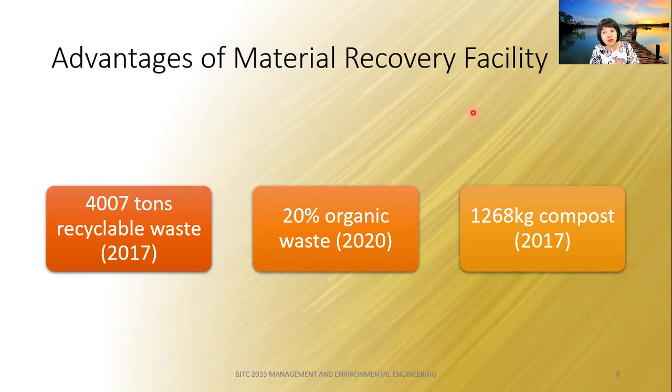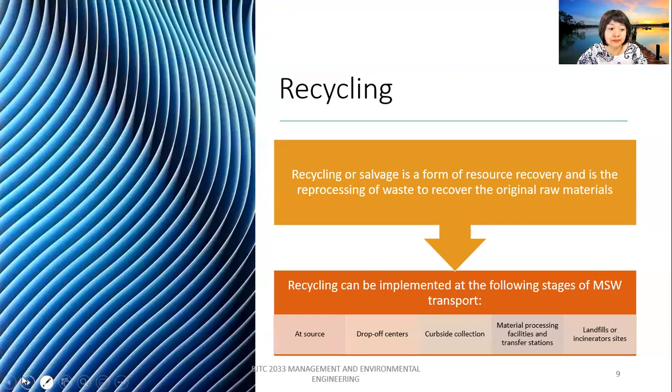And then by 2020, they succeeded in reclaiming 20% of the organic waste and changing it into compost. Okay, so they created 1,200 compost and sold it as added income for the company.